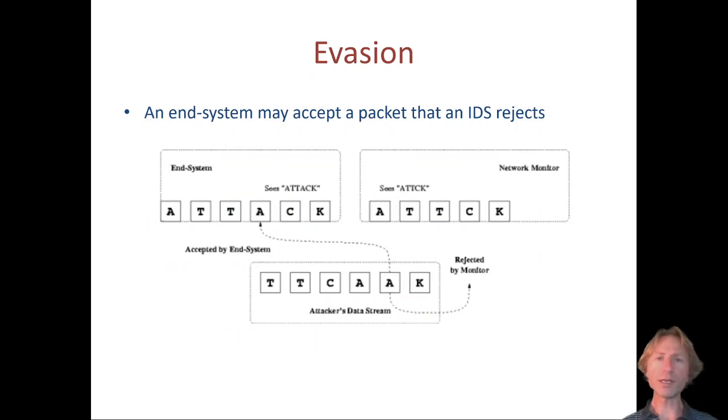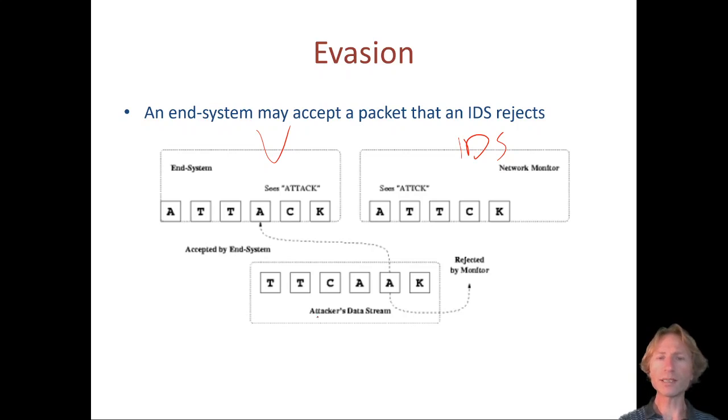Likewise, we can do an evasion attack by using the fact that some things are not accepted by the IDS. So we do exactly the opposite. So now the IDS rejects some part of the network traffic, which is in reality accepted by the end system.